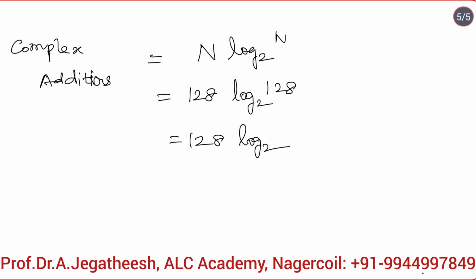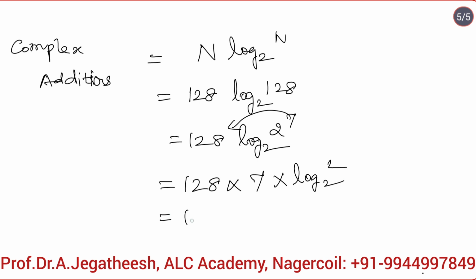As we know, 128 can be written as 2 power 7, and this power 7 comes out as a multiplication. 128 into 7 into log 2 to the base 2, whose value is 1. If you use a calculator, 128 into 7 gives you 896.